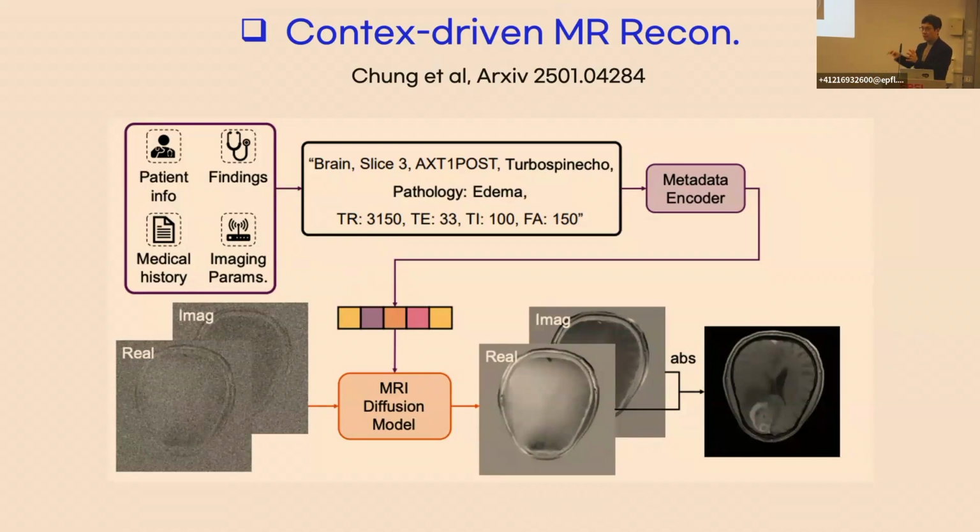But now we are training a stable diffusion type of diffusion model with text as well, and in these cases the text has information like patient information, imaging parameters, etc. Then you train the diffusion model and use that one during the reconstruction.